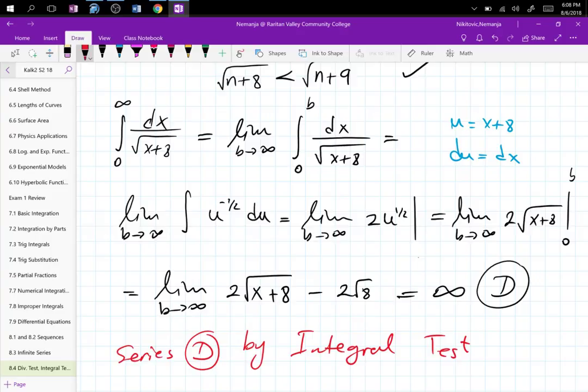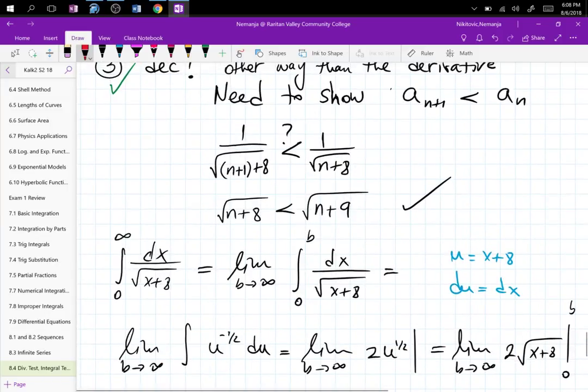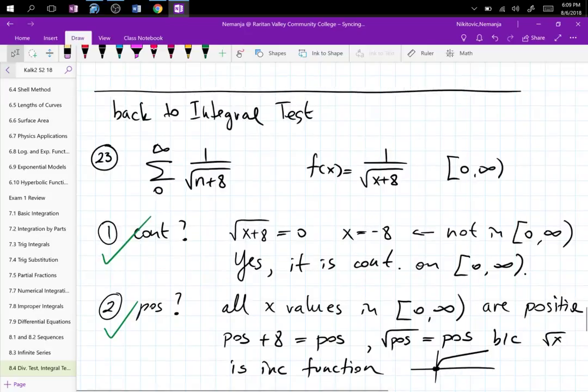But when I see the problem, in my head I erase all of the unnecessary things, and the unnecessary thing here is the +8. So if I erase that +8, this problem becomes 1 over n to the half, and 1 over n to the half is the P series.